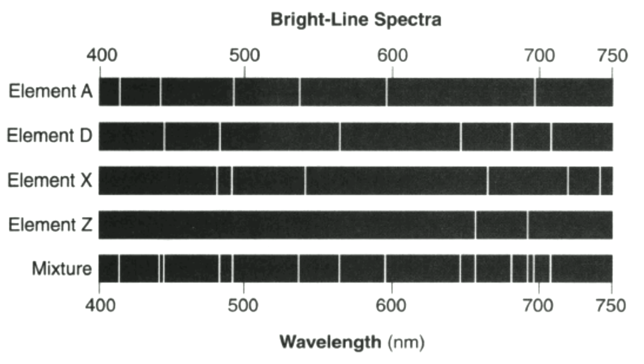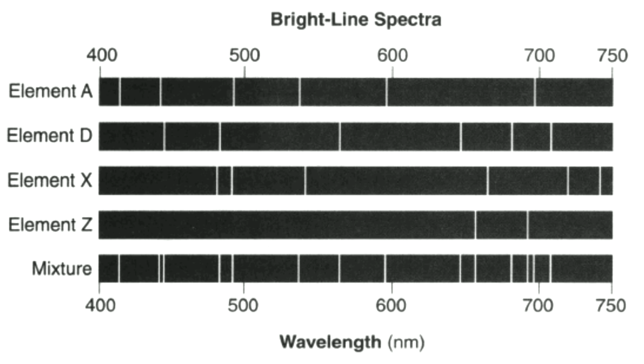It's up to them to determine whether or not these elements are in there to begin with. So let's take a look to see if we can figure it out. As you can see, there's 4 elements that it could possibly be. Element A, D, X, and Z. Let's see if we can begin with the first set of lines and choose which element or elements could be in it.